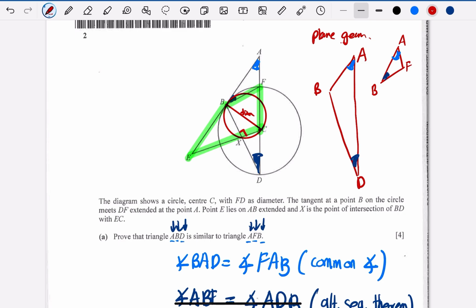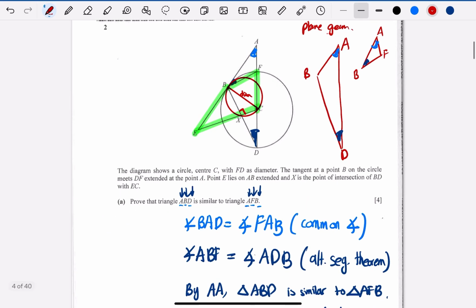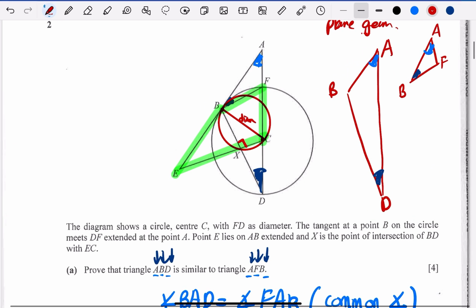And let's see if we are able to prove anything else. Let's see if we have any information about our FB. From our part A, if we took a look earlier, we can tell that this is also 90 degrees up here.